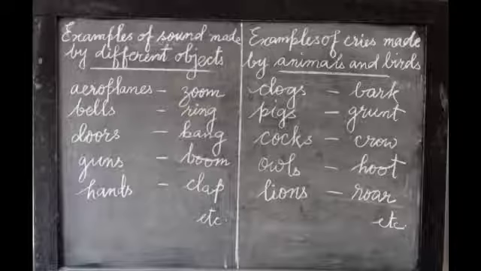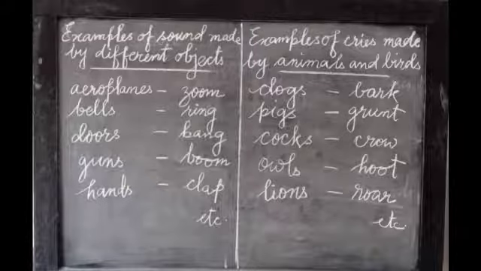Now children, the fact is that when we talk about sounds made by different objects, we know the actual sound made, but an appropriate word is related as the sound of an object.